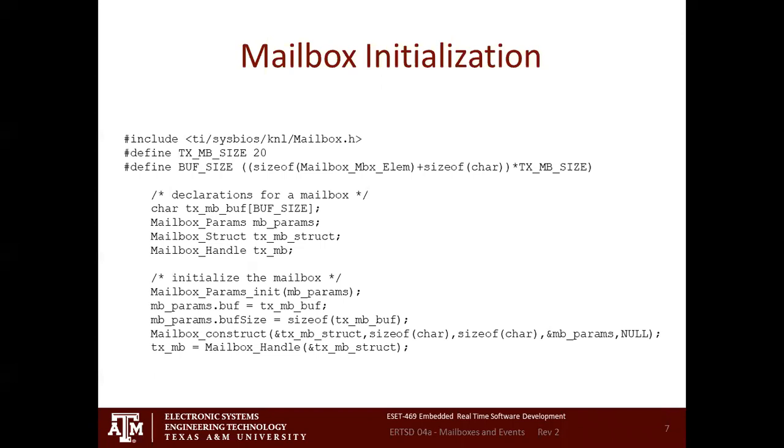Then to initialize it, I call the initializer. I point to the buffer, take the size, and set up the buff size to tell how big the buffer is. Then we do the construct, and we pass to the construct how big the individual elements are.